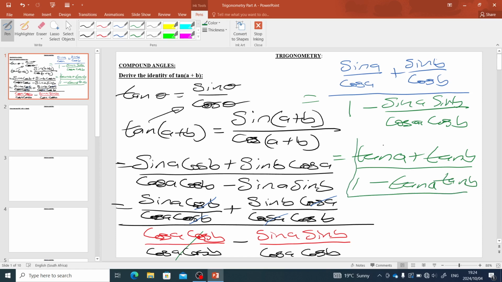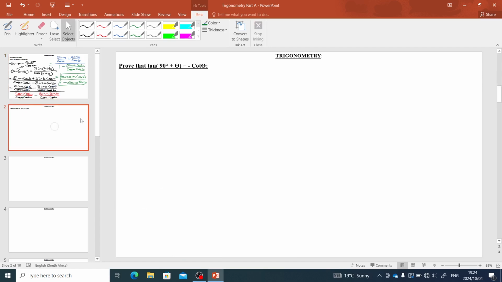This is how we derive the identity of tan. Having said that, let's go and do some application.